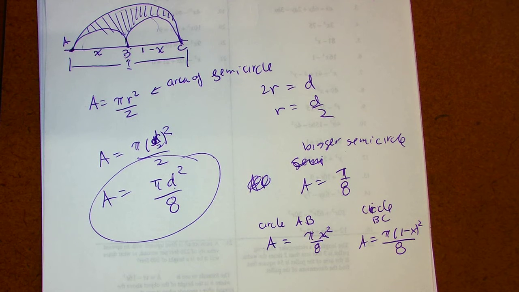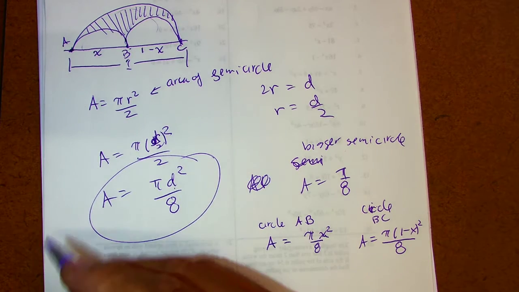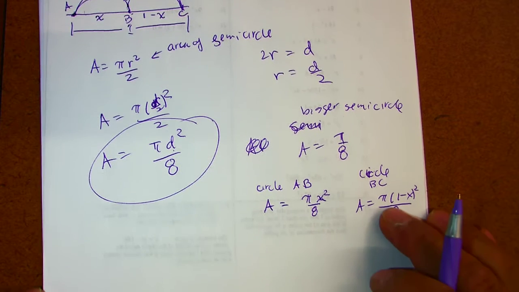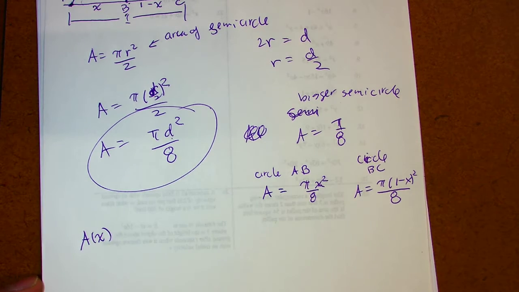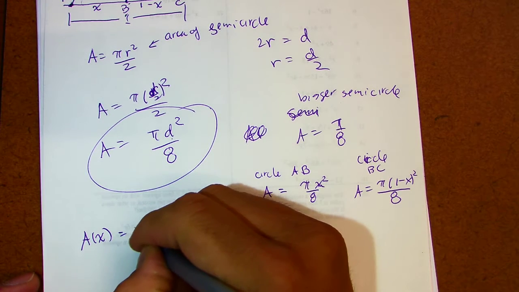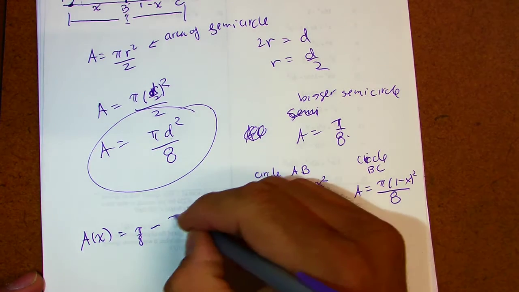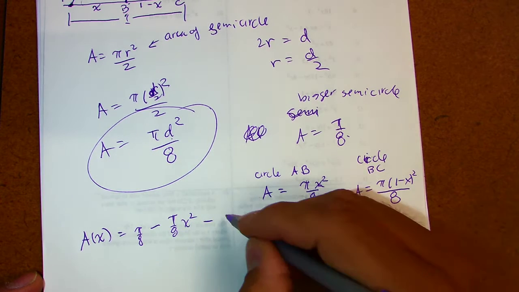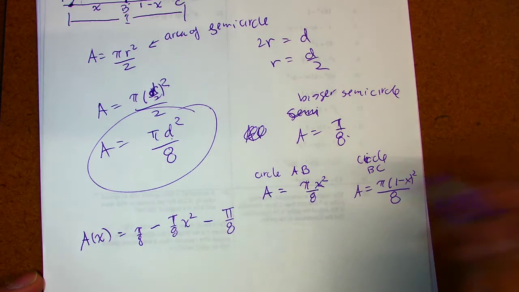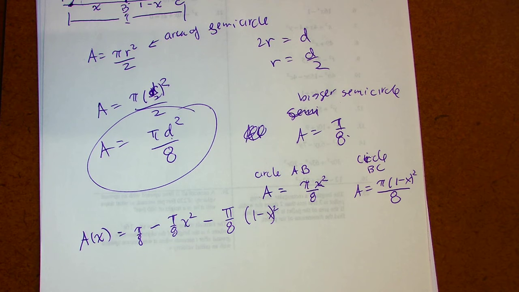Now, in order to get the shaded area, I'll take the large area. So now we can have our function A of x equals pi over 8, the big one, minus both of these small ones, pi over 8 x squared minus pi over 8 (1 minus x) squared.